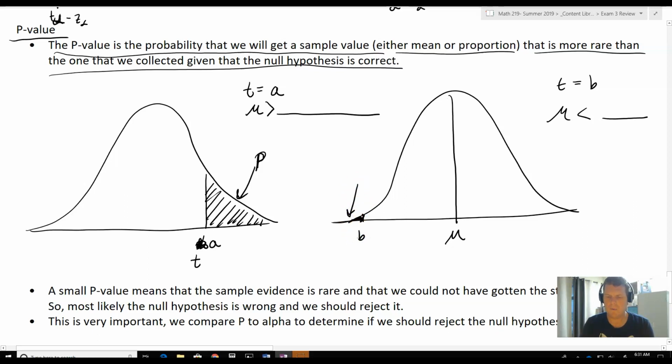We're going to compare that to the significance level, and I'll demonstrate that in later videos. If the size of the region we get for the p-value is in fact less than the size of the critical region, then what we have is rejecting the null hypothesis.